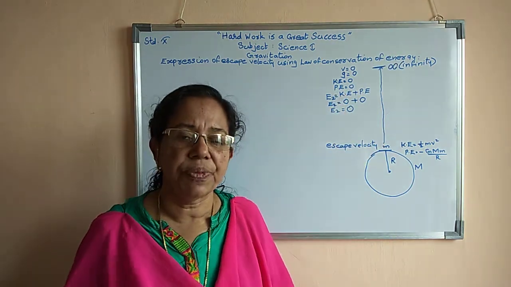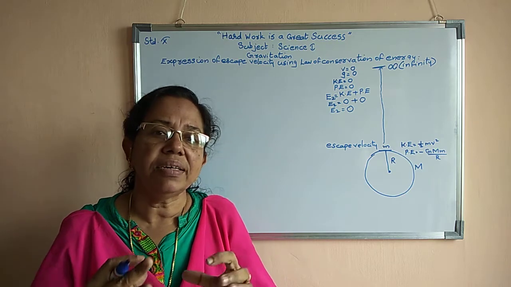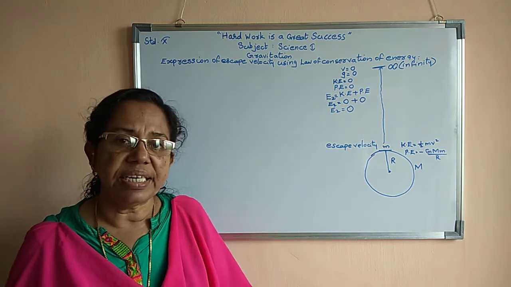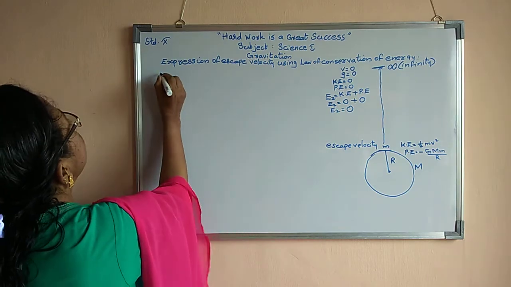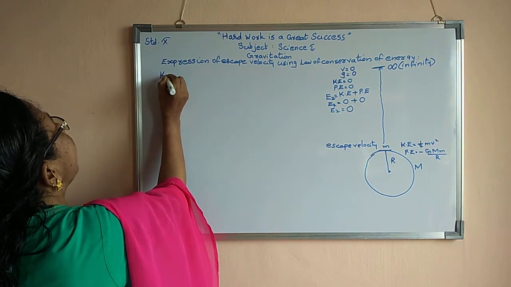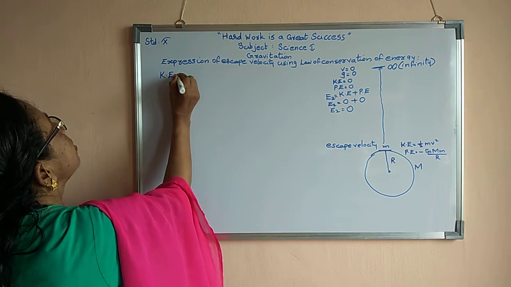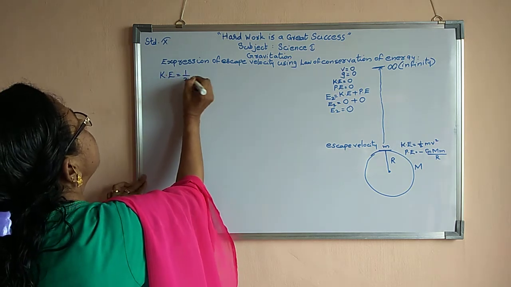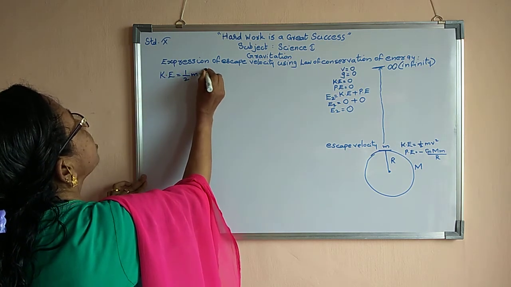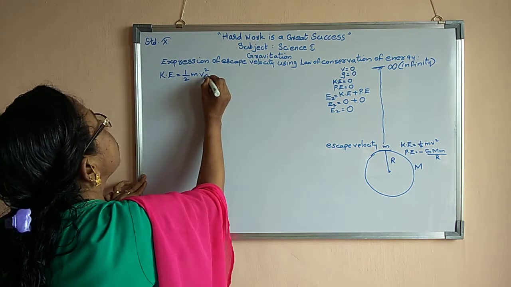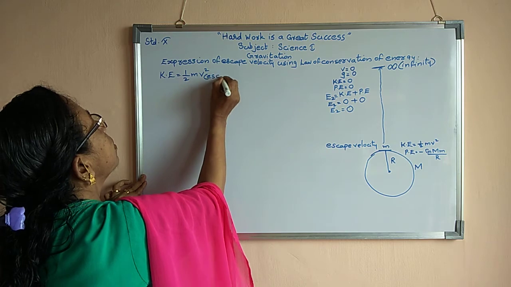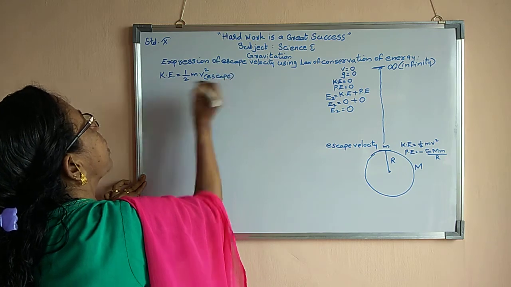Now we are finding the total energy possessed by the body when it is on the surface of the earth. For finding that, Ke is equal to half mv square. Here v means escape velocity, so I am writing escape here.